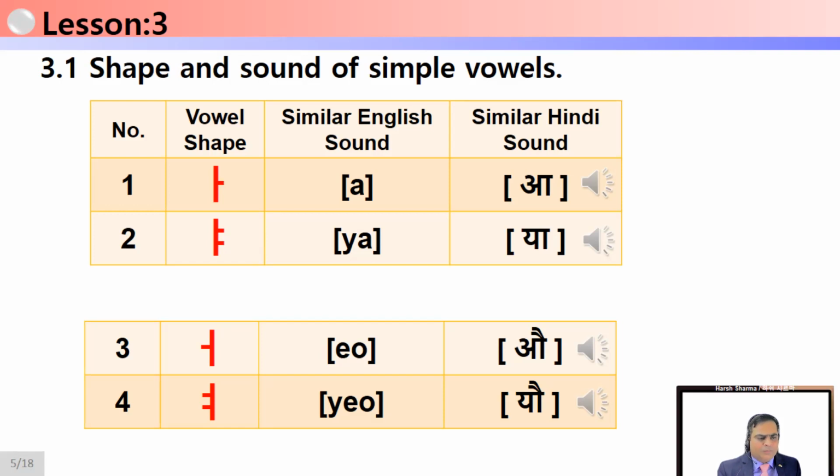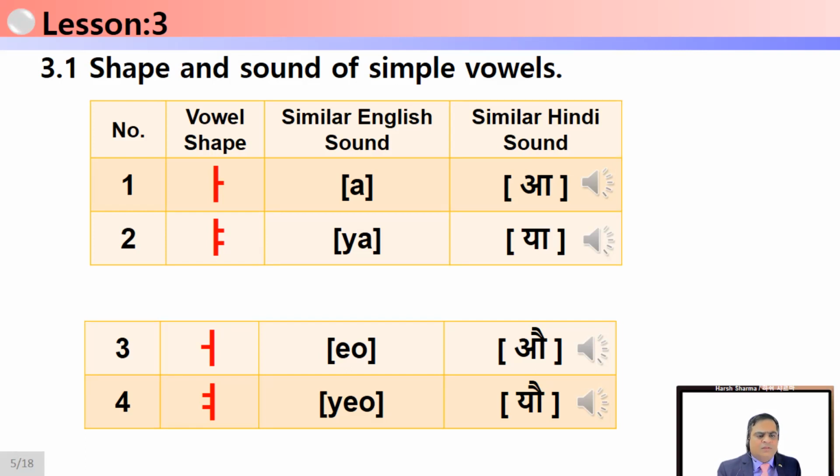Come to number 2. There is only one difference in the shape. Just one more additional small line on the same side, and ah will change to ya. Make this shape also 5 times, and memorize the sound, that is ya.